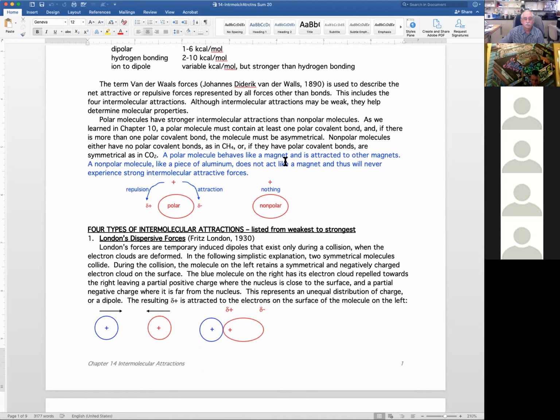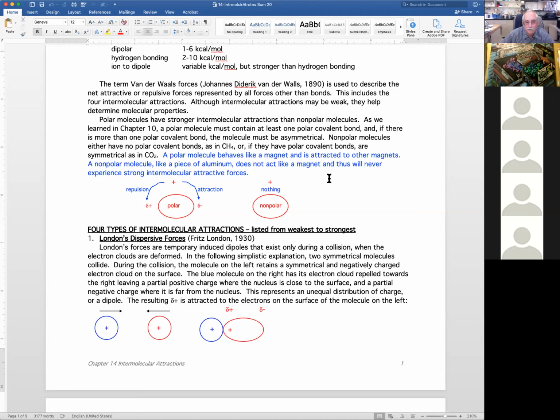Whereas a nonpolar molecule, like a piece of aluminum, is not going to act like a magnet. If you take a magnet and put it up to a piece of aluminum, they don't even know each other's there. If you take two magnets, put them up against each other, there's going to be repulsive forces and there's going to be attractive forces.